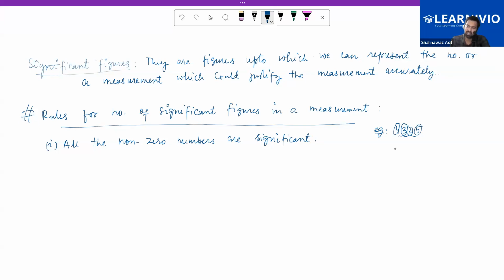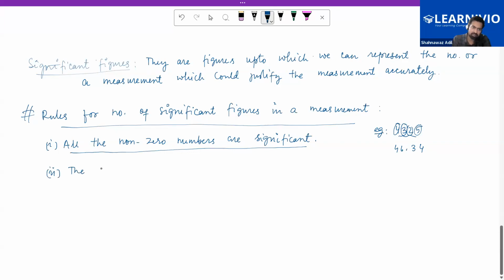Let's say if I write 46.34, how many significant figures do I have? It's 4 as well. So whatever the amount of non-zero numbers, all those numbers are significant figures. This point is very direct: whatever number of non-zero numbers you have in your particular measurement, all those are significant figures, right?